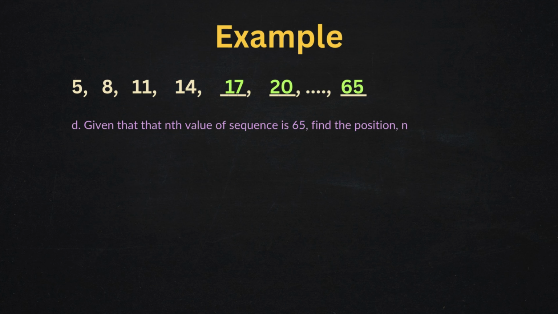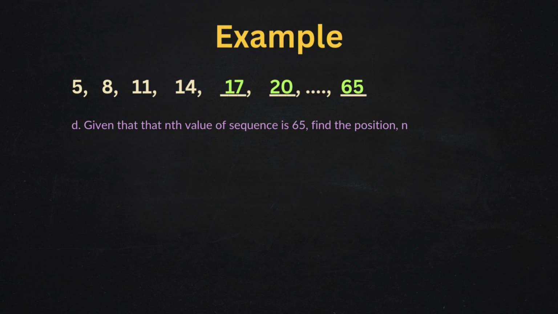In question 4, we are given that the value of the nth term of the sequence is 65. Find n. This means that if we keep on writing the sequence, we will have a term whose value is 65. We know the value, but we don't know the position of the value 65. I hope by now you know the position in the sequence is n, and the value at that position is the nth term.